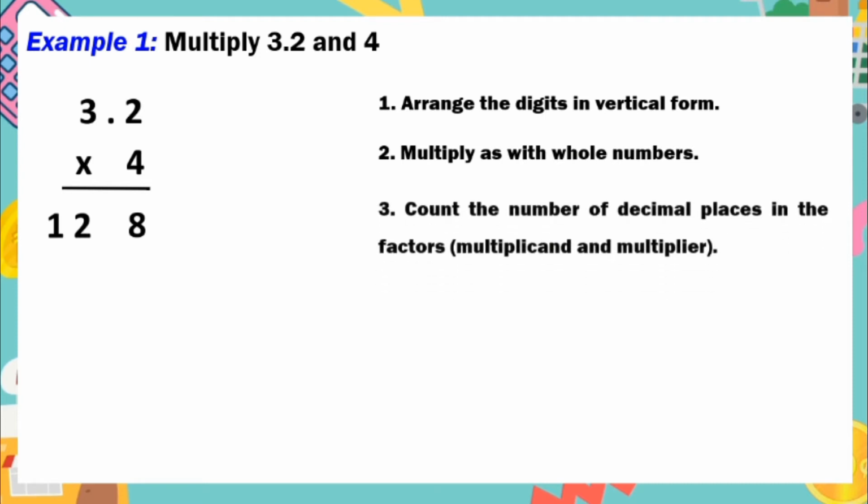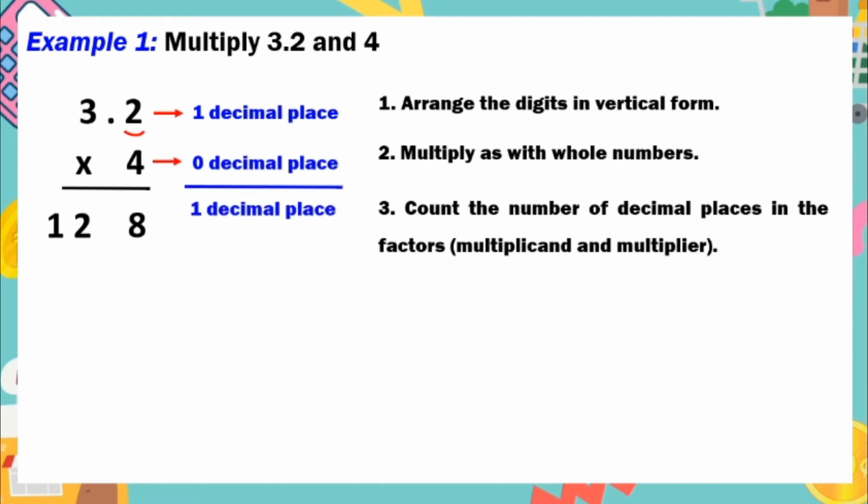Then step 3, count the number of decimal places in the factors, the multiplicand and multiplier. So sa ating multiplicand, meron tayong 1 decimal place. Then sa multiplier naman natin, wala tayong decimal place kasi full number ang 4. Wala siyang kasamang decimal.